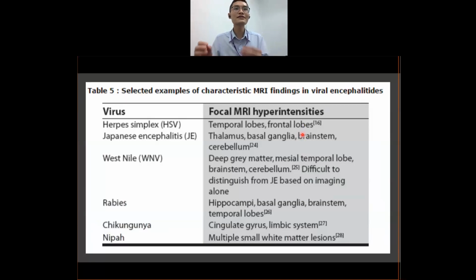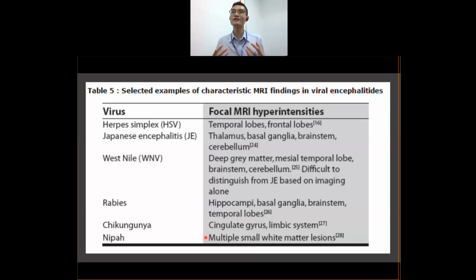So different viruses have different regions of the brain that they like. For example, herpes simplex virus likes to reside in the temporal lobe. Japanese encephalitis likes to sit in the thalamus. Chikungunya likes a different area. Nipah virus is different. It basically conveys the message that when an experienced neurologist looks at the MRI, we can roughly guess what the implicated pathogen could be.